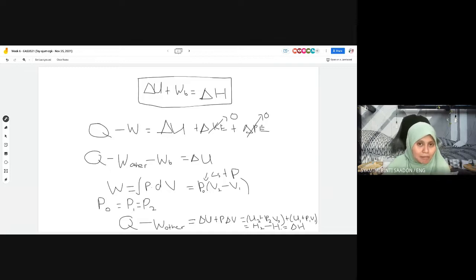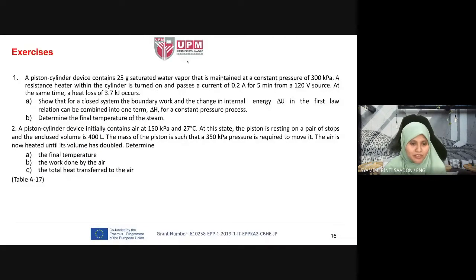The second part, this one you have to calculate. Determine the final temperature of the steam, which means T2 or T final. This one you try. You have to use the saturated water table.